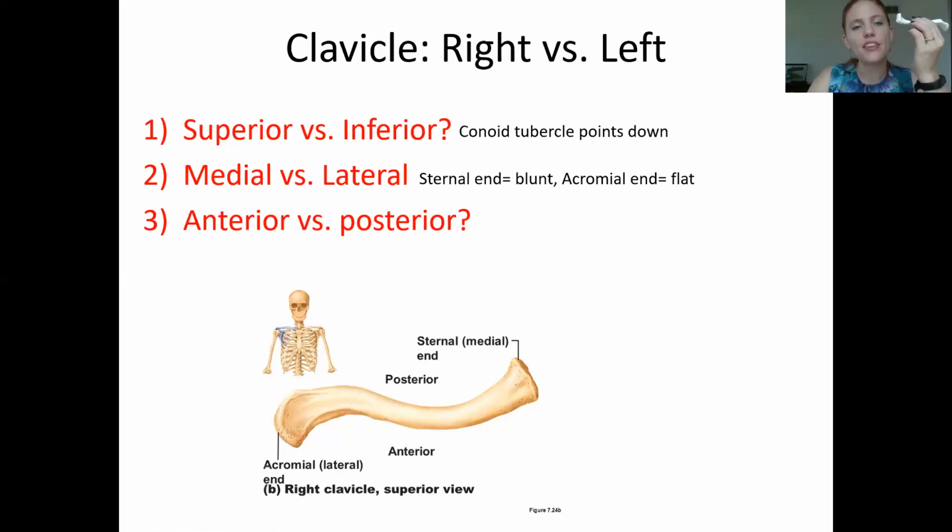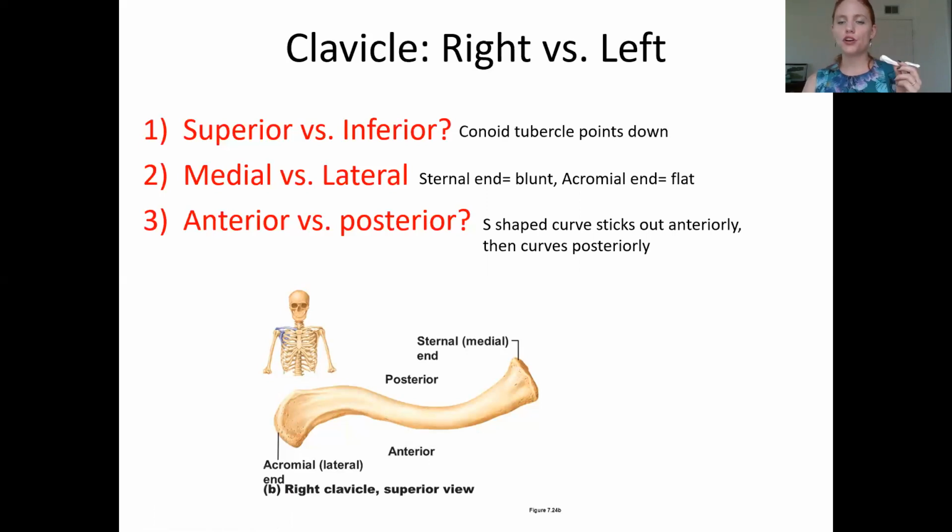Okay, and then the next question you need to ask yourself is, what's the front of it and what's the back of it? When you're looking at this here, I want you to feel your own clavicle. When you feel the shape of your own clavicle, hopefully you notice that the clavicle is going to come outwards anteriorly first, and then go back.